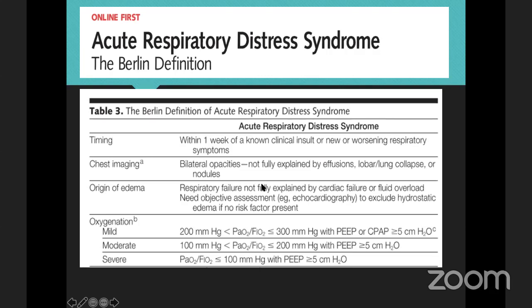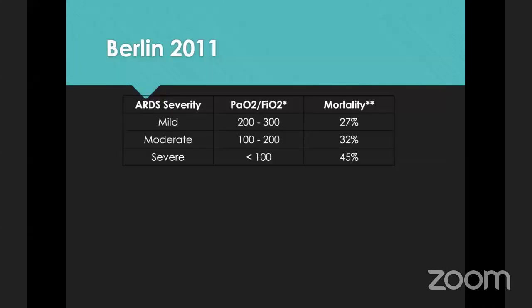It should be from the infiltration of the lungs. The oxygenation is divided according to the PaO2/FiO2 ratio into 3 stages: mild, moderate, or severe. Mild is 200 to 300, moderate 100 to 200, and severe below 100. And all of them require PEEP of 5 and above.